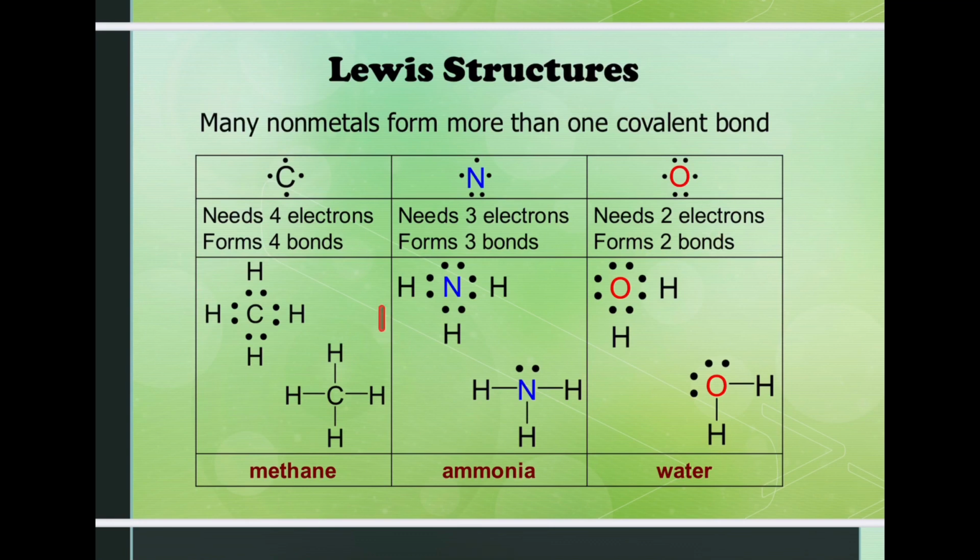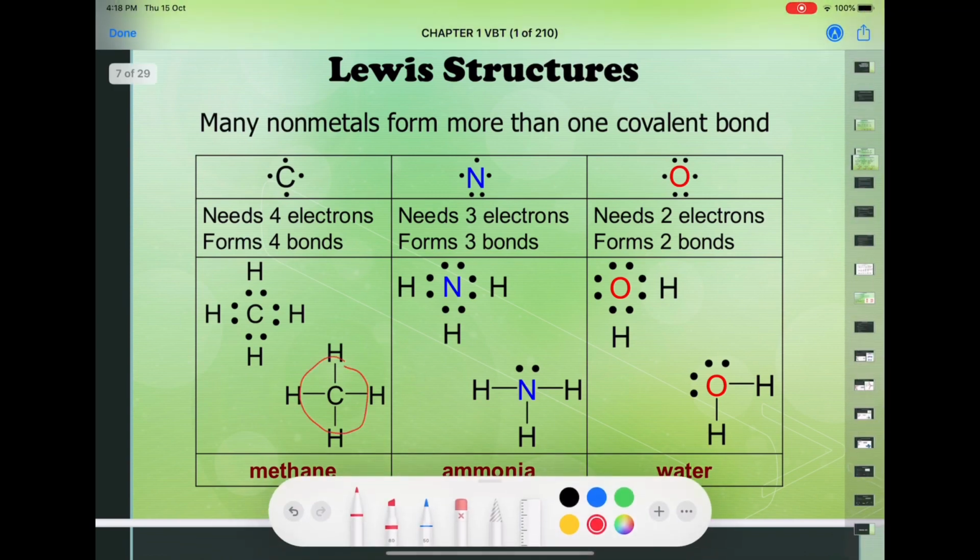This is the example of methane, with 4 single bonds. Nitrogen is bonded to 3 hydrogens, so this is ammonia, and this is the lone pair. And this is oxygen, bonded with 2 single bonds to hydrogen, and it has 2 lone pairs. So this is the water molecule.